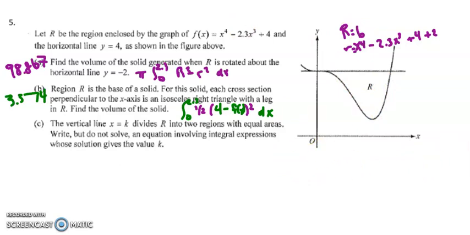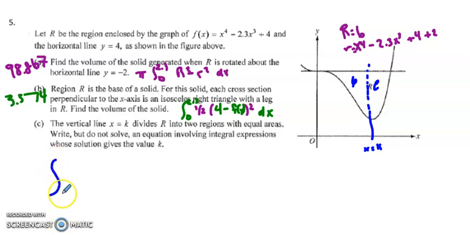This next one says we've got a vertical line x equals k. It's going to split this into 2 regions. So the region here is going to be equal to the region here. We're writing but not solving the integral equation to solve for k.